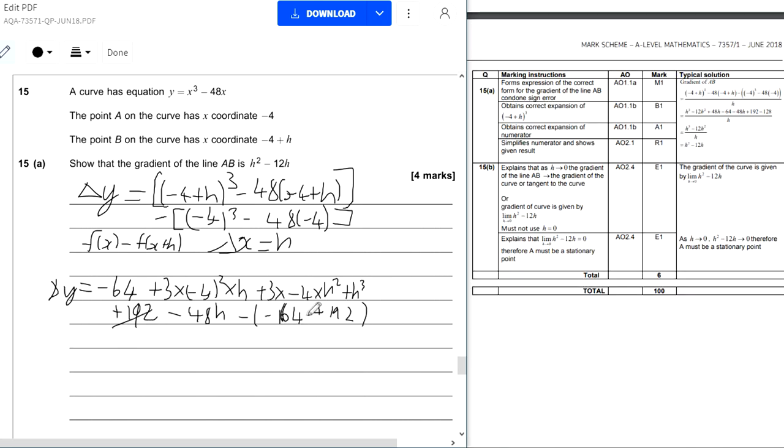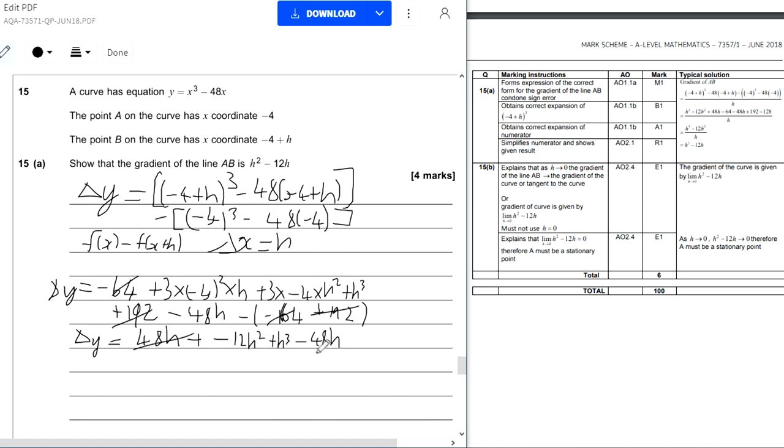So these are going to cancel, and we're going to get delta y is equal to 3 times 4 squared, 16, so 3 times 16, 48h plus minus 12h squared plus h cubed minus 48h.